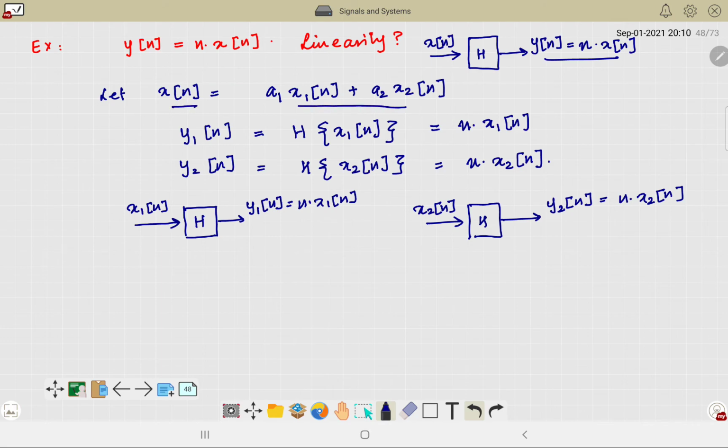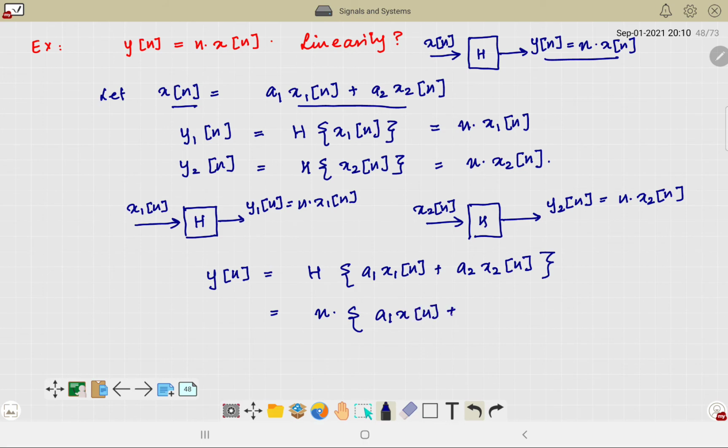Now I have to find the response of this system to the combined signal. If I take this signal, the response will be y of n, the transformation of a1 x1(n) plus a2 x2(n), that is the weighted linear combination of these individual inputs x1(n) and x2(n). The response of the system is such that it isolates this n and multiplies it with the input as a whole.